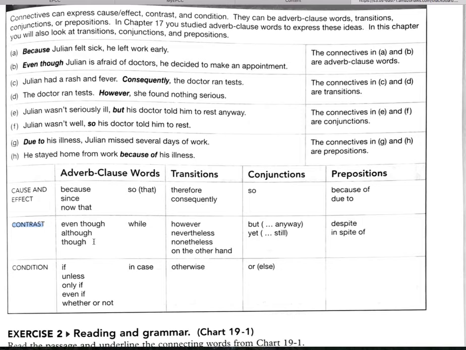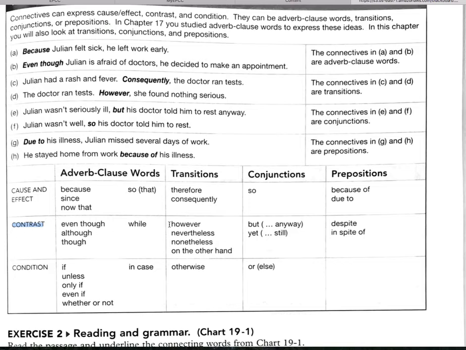Or although I wore a sweater this morning, I was cold. Or though I wore a sweater this morning, I was cold. That's unexpected because you're wearing a sweater, you assume that you're going to be warm. But that gives you the unexpected result. Also, while introduces contrast. These are adverb clause words that introduce contrast.